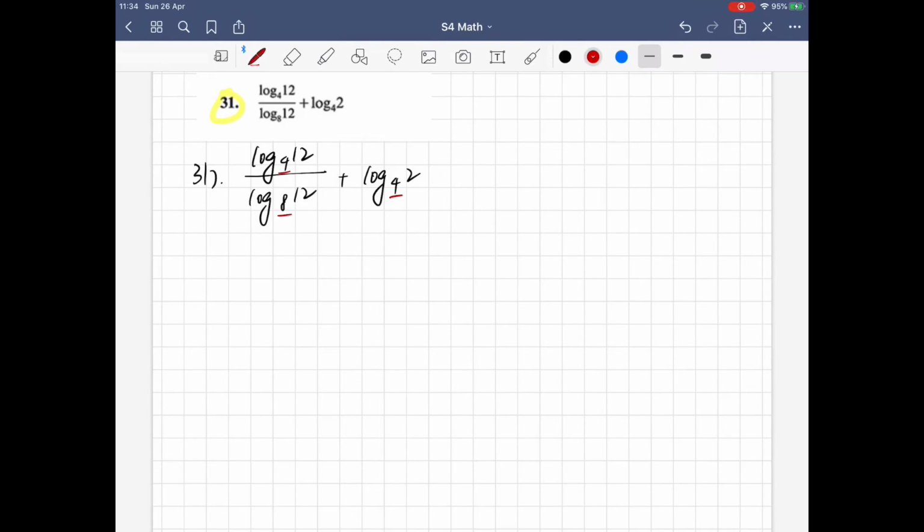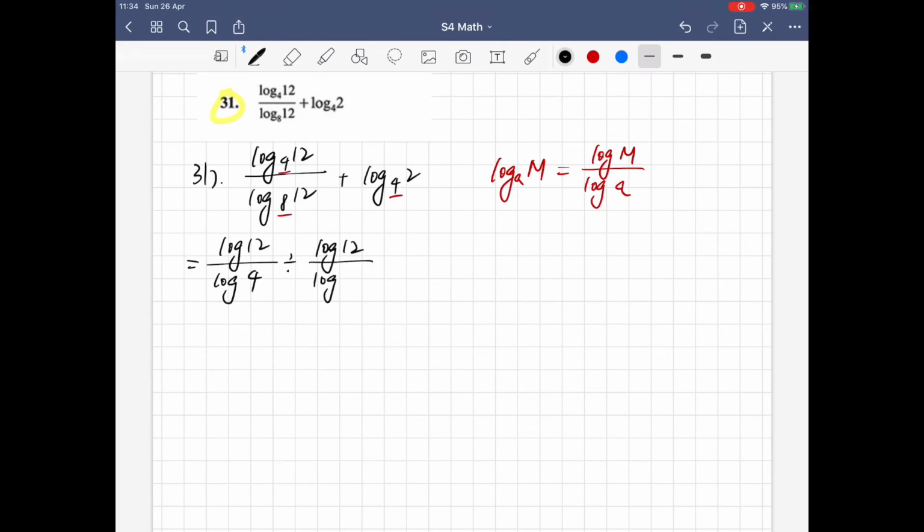Therefore, we have to separate them using the properties of log m with base a equals to log m over log a. Okay, so that it will become log 12 over log 4 divided by log 12 over log 8 plus log 2 over log 4.